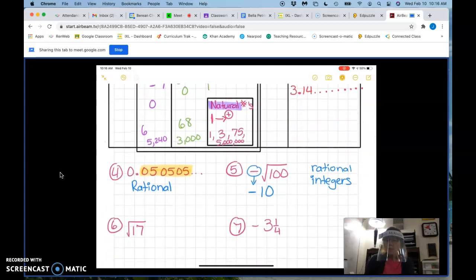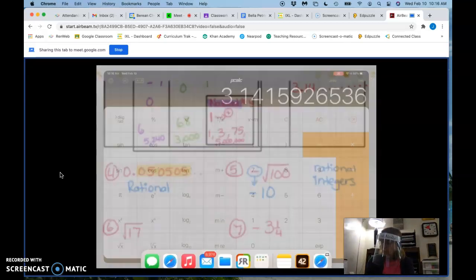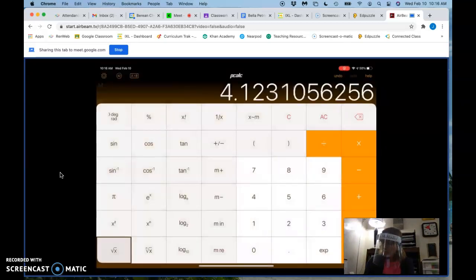How about the square root of 17? Who's got that? Okay, look at this number. It's 4.1. What kind of number is it? Is that an irrational number?